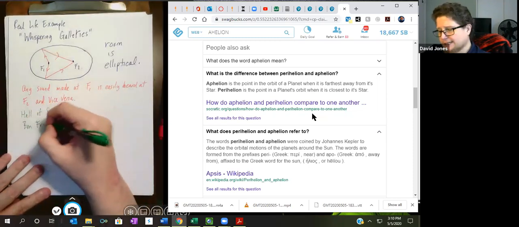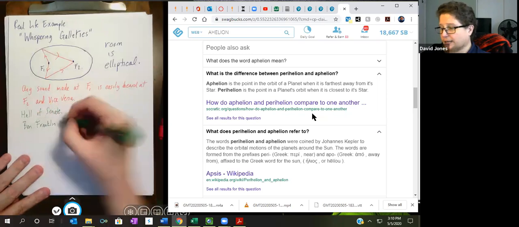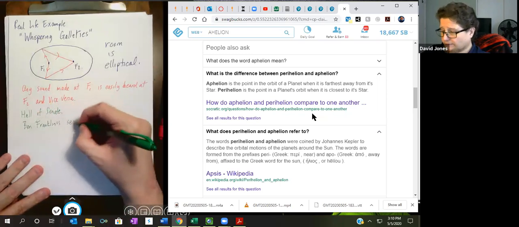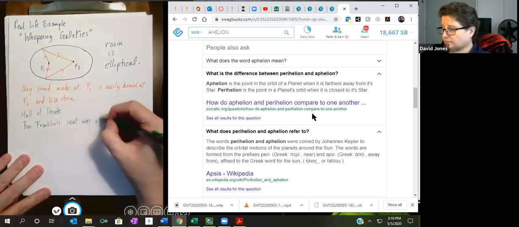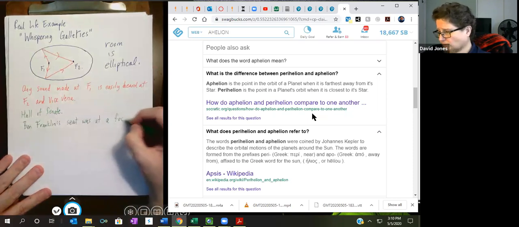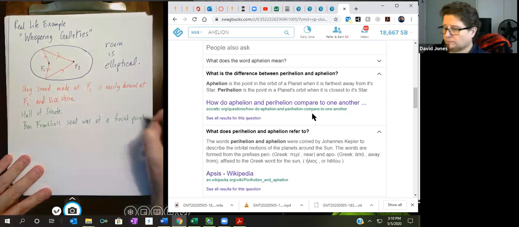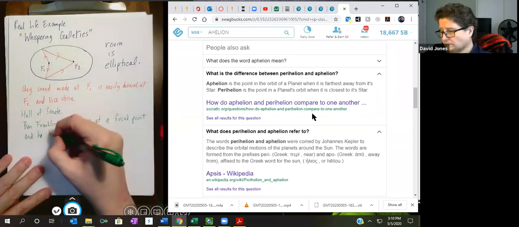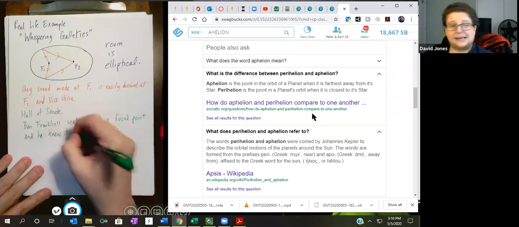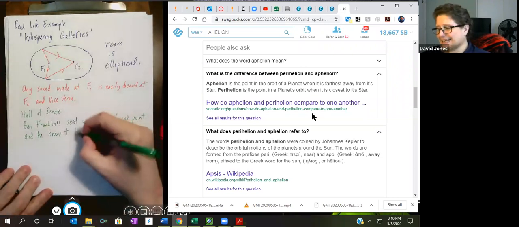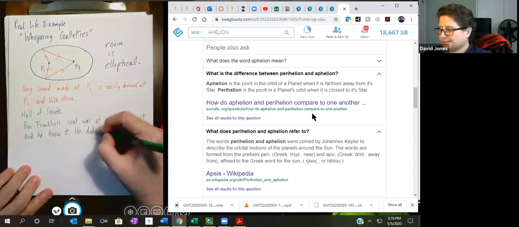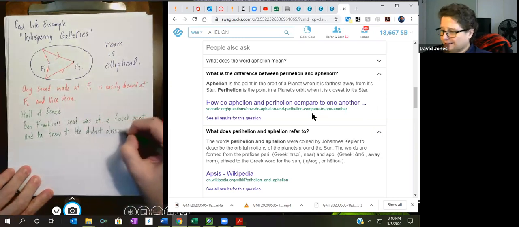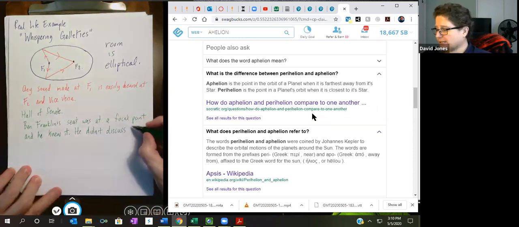Ben Franklin's seat was at a focal point and he knew it. He didn't discuss anything at his desk because he knew how sound moved.